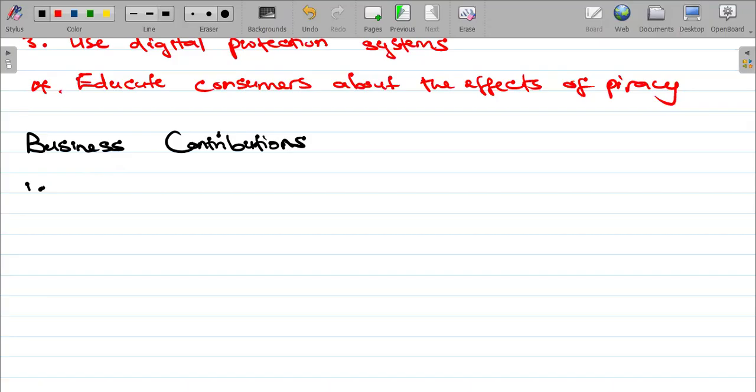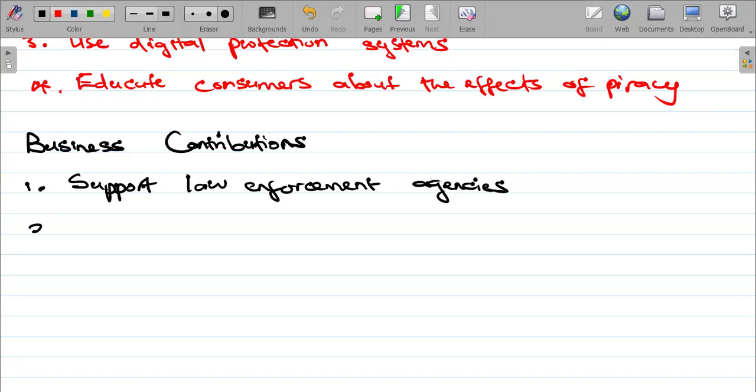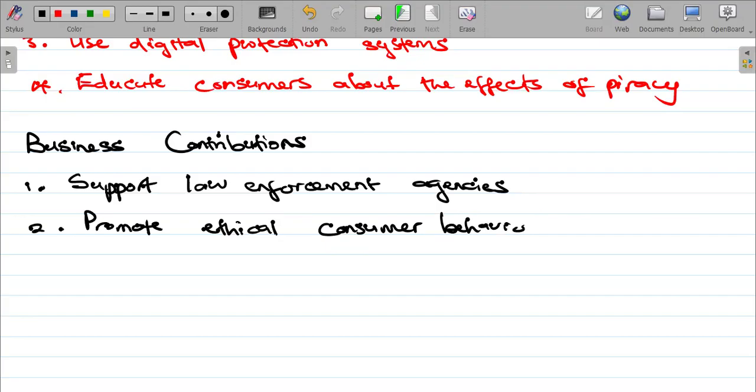They're also supposed to promote ethical consumer behavior, as well as invest in innovation and branding.